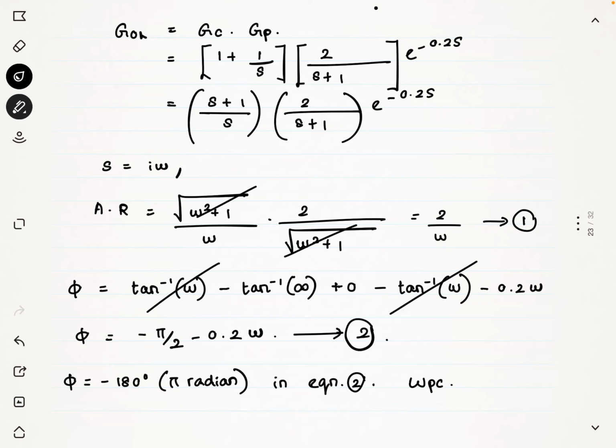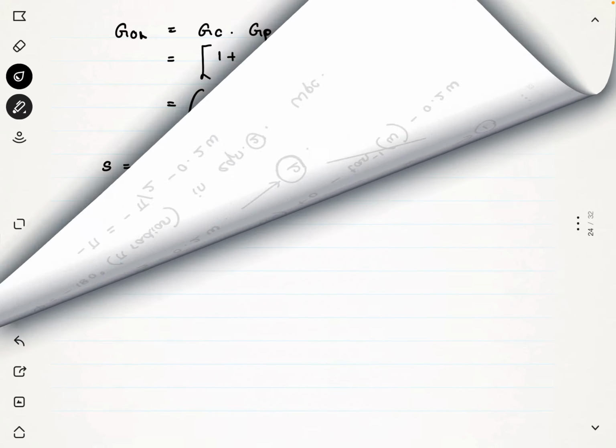So let us do that. Minus pi is equal to minus pi by 2 minus 0.2 omega, so minus pi plus pi by 2 is minus 0.2 omega. If you simplify this, you will get 7.85 radians per minute.